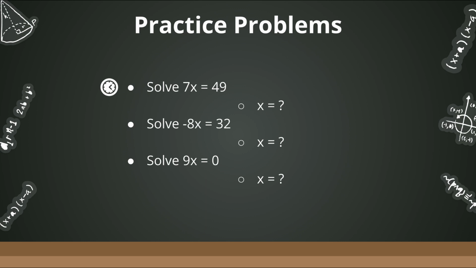The second one: solve negative 8x equals positive 32. And the last one: solve positive 9x equals 0. Feel free to pause if you need more time, as usual.